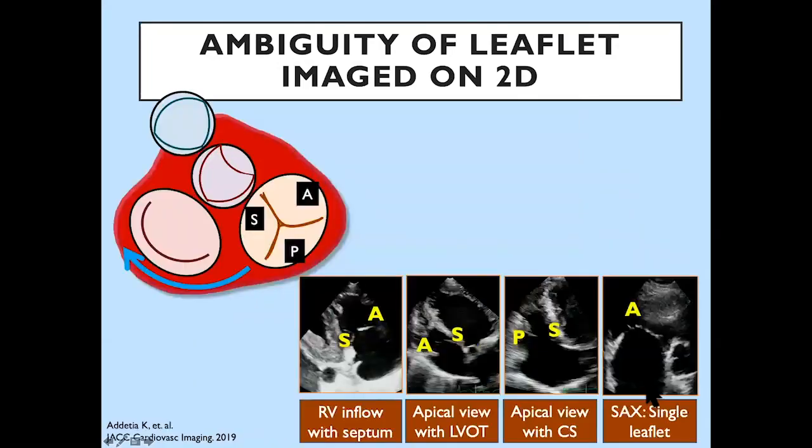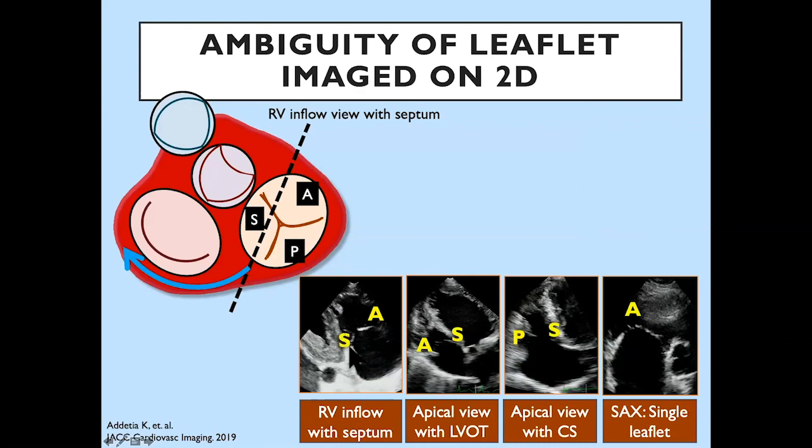So how do we target specific leaflets of the tricuspid valve to be sure which leaflet we are actually imaging? Well, one way is to perform imaging in which you target the leaflets based on landmarks. Here you can see some examples. This is the RV inflow view with the septum in view, with the coronary sinus in view.